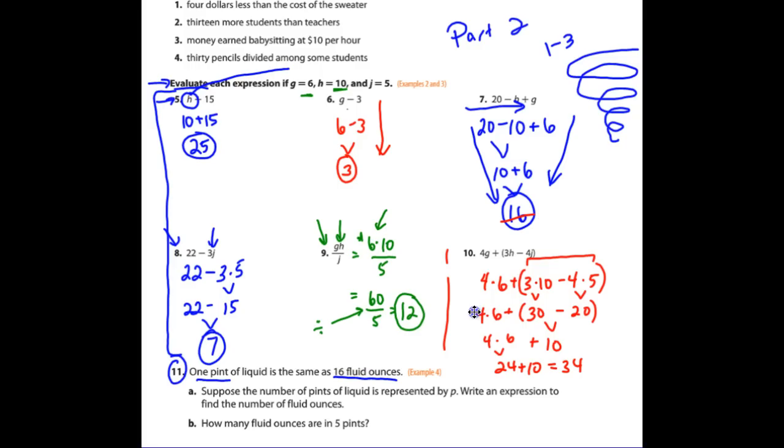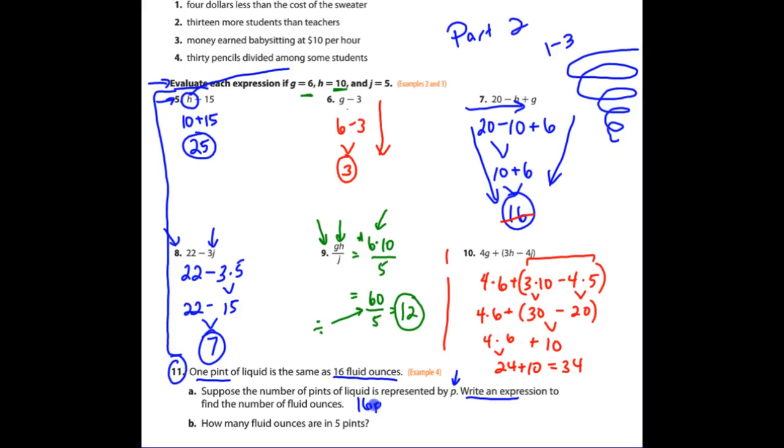If you had 2 pints, you'd have 32. 16 times 2, 32. If you had 3 pints, you'd have 16 times 3. So the expression, it says write an expression to find the number of fluid ounces. If you had P pints, it would be 16P.